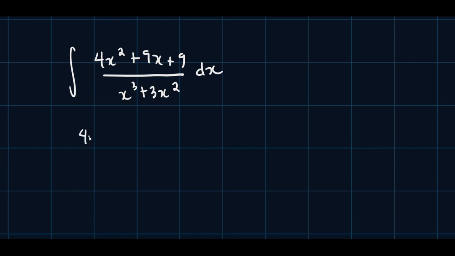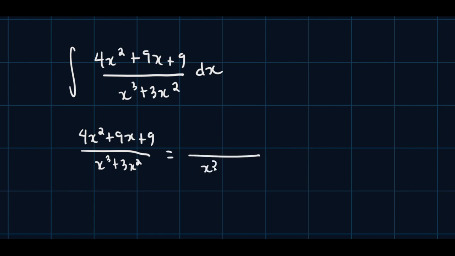Again, we consider or we want to get the partial fraction decomposition of our integrand. First step is for us to factor the denominator. So x squared times x plus 3.